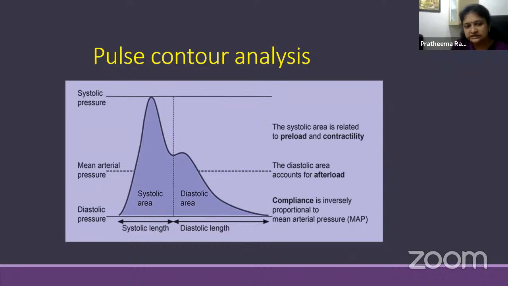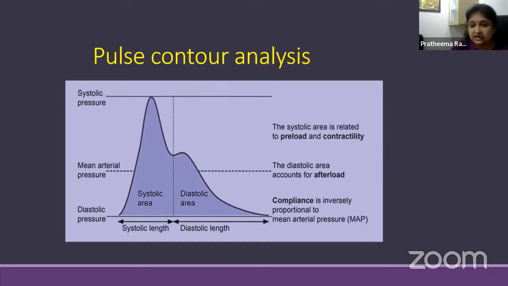So there is a systolic pressure, and there is a dicrotic notch, and there is a diastolic pressure. This is how a pulse looks like. This is a systolic area. This is where the whole systolic pressure acts and the systole ends. So systolic length. The systolic area is related to the preload and the contractility.